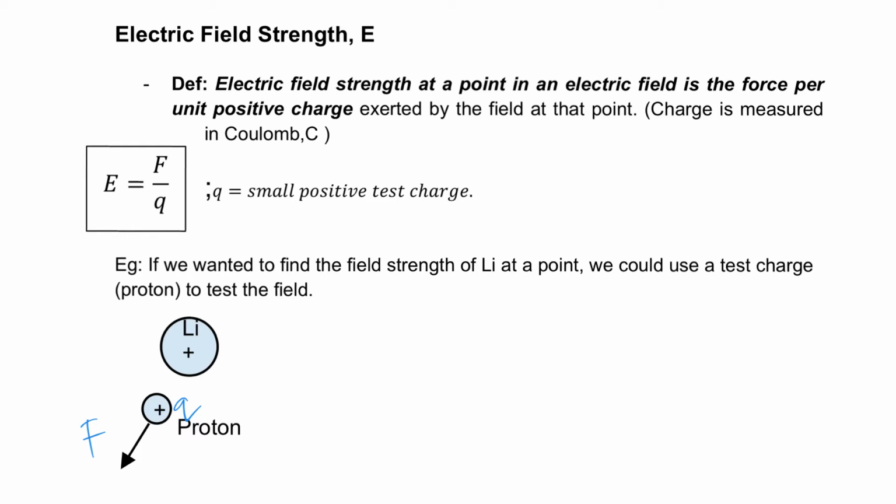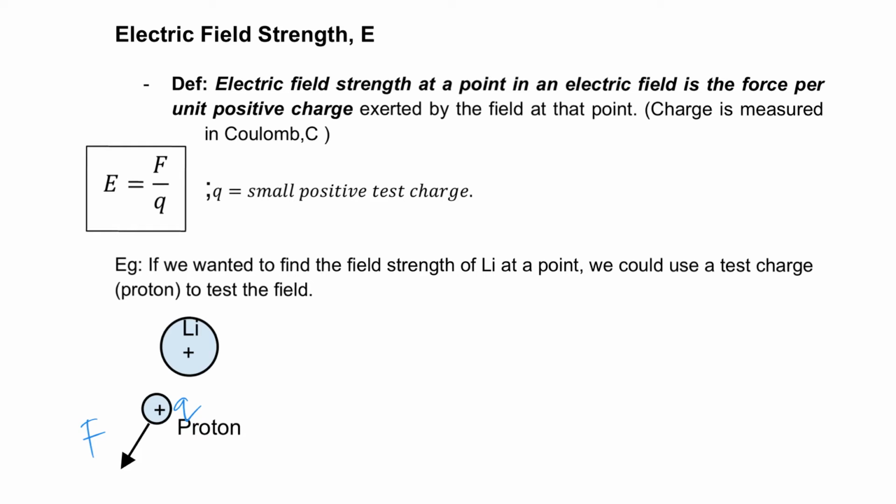When we go to the Moon, we feel a smaller weight, right? So the force depends on how strong the field is. This is the same concept for the electric field, which has different strengths. To see how strong it is, you take the force acting on the test charge and divide by the magnitude of the test charge. That's how strong it is.